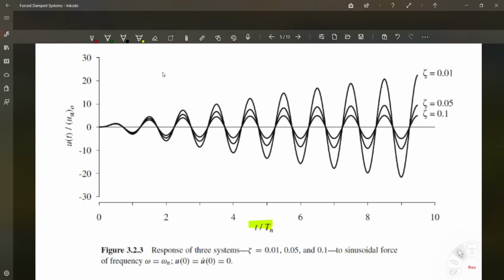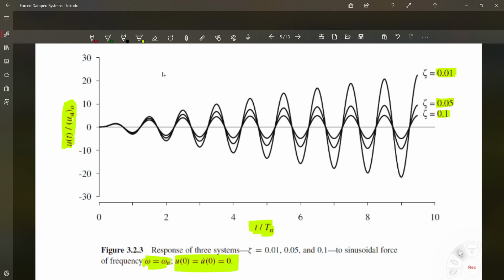As usual, horizontal is T over Tn. Vertical is the relation between the total response and the maximum static response. We are plotting it for different damping ratios, 0.01, 0.05, and 0.1. We are starting with initial conditions equal to 0 for displacement and velocity, with omega equal to omega n.